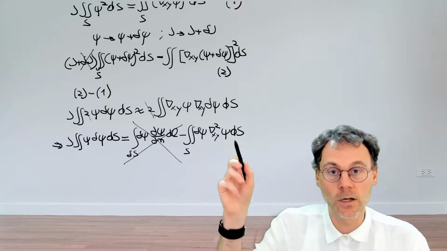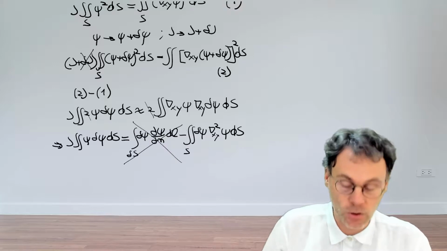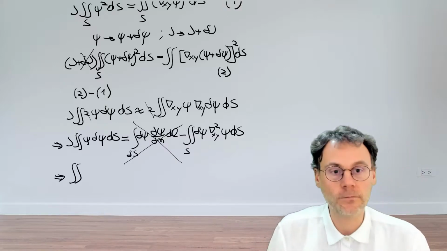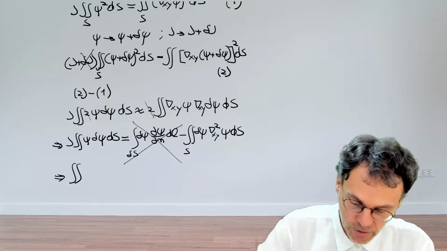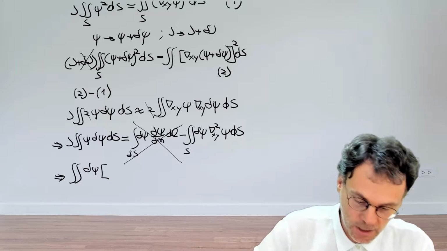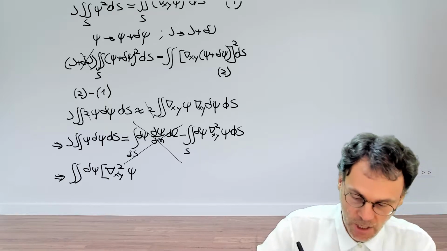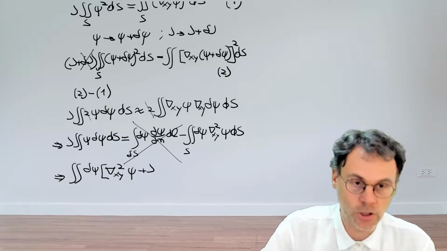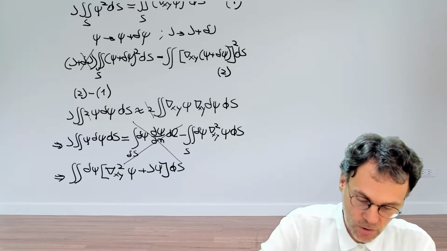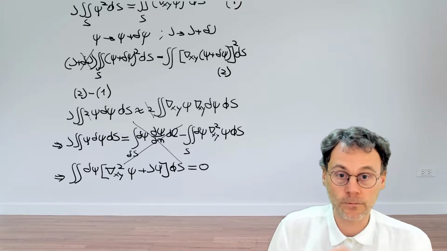And then finally, we can bring that term back to the left-hand side, so that we can write down that we have the integral of delta psi, factored out, times the transverse Laplacian of psi plus j psi, integrated over the cross-section, is equal to 0.